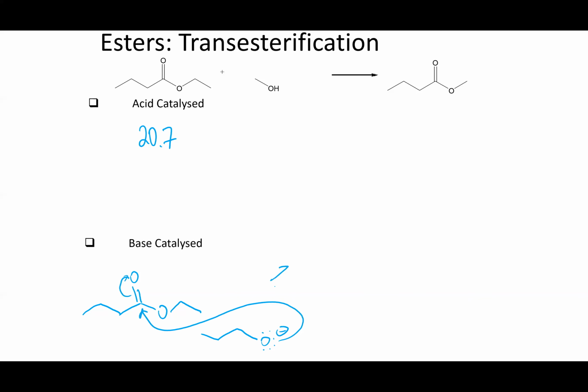Again, we just don't have all of those proton transfer steps going on. So I'm just going to shorthand that to an ethyl group. We're turning, in this case, I'm writing in blue here, an ethyl ester into a propyl ester. So the ethyl group becomes the leaving group.